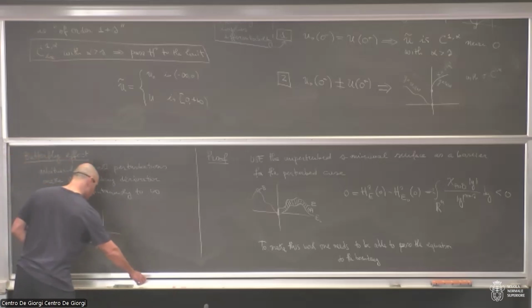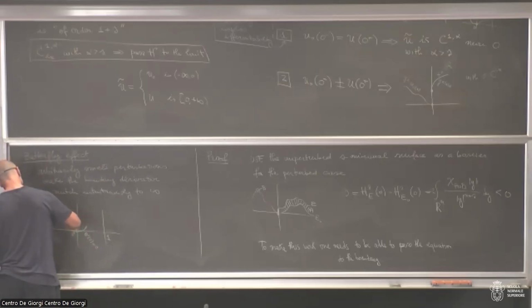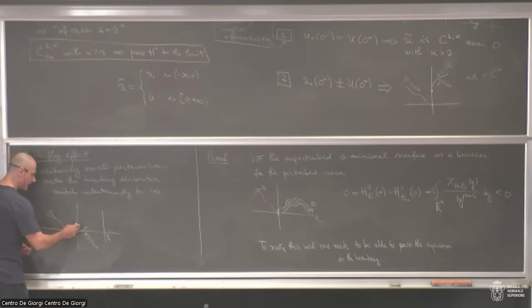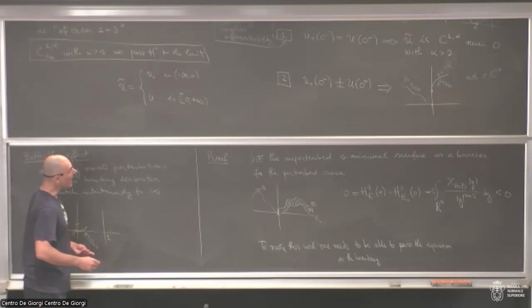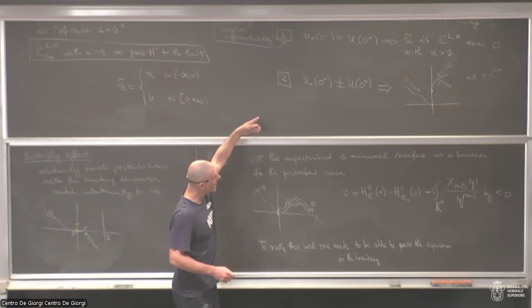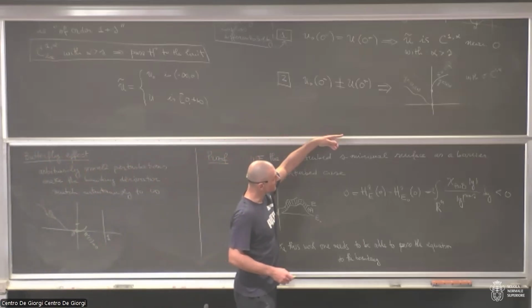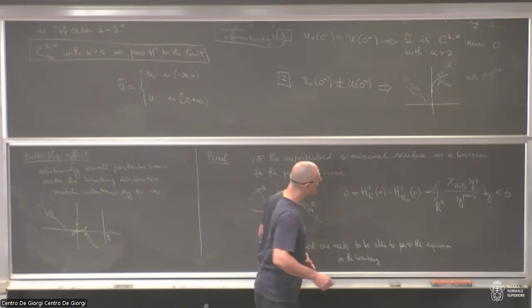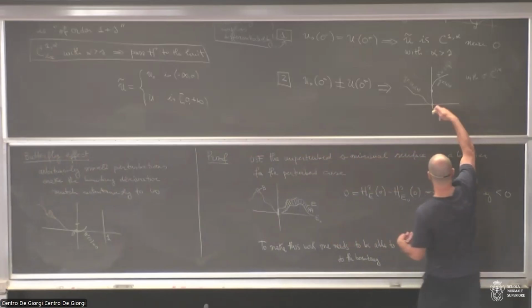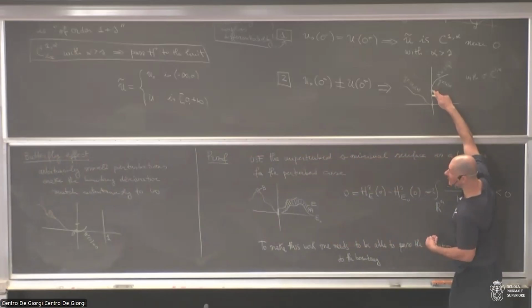But then we know that I can put an arbitrarily small bump here. Then in this case, I do have stickiness. But then if I have stickiness, I now use point 2. And this means that v is C1 alpha, so v prime at this point is 0. But since v is the inverse of u, this means that u prime at this point is infinite.